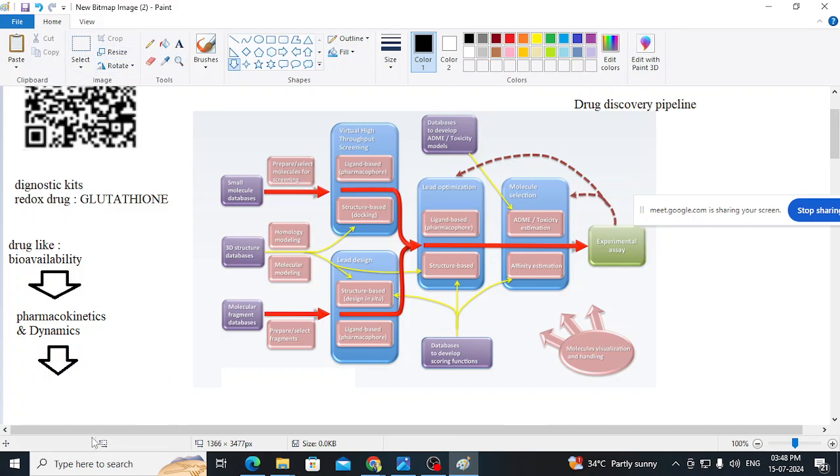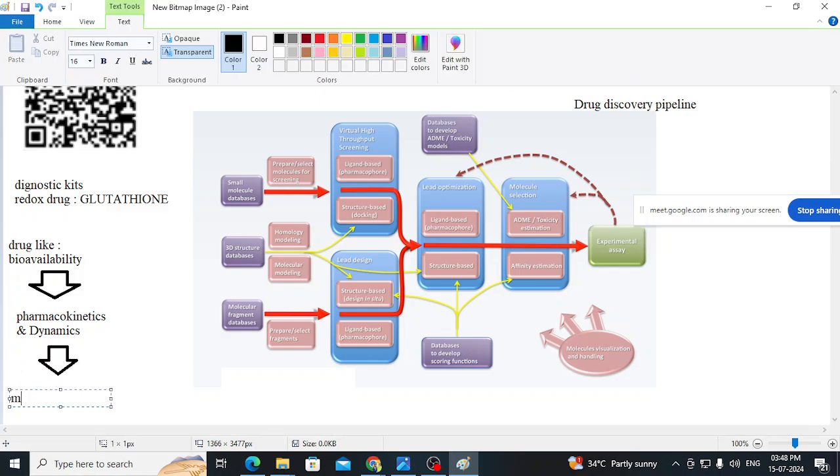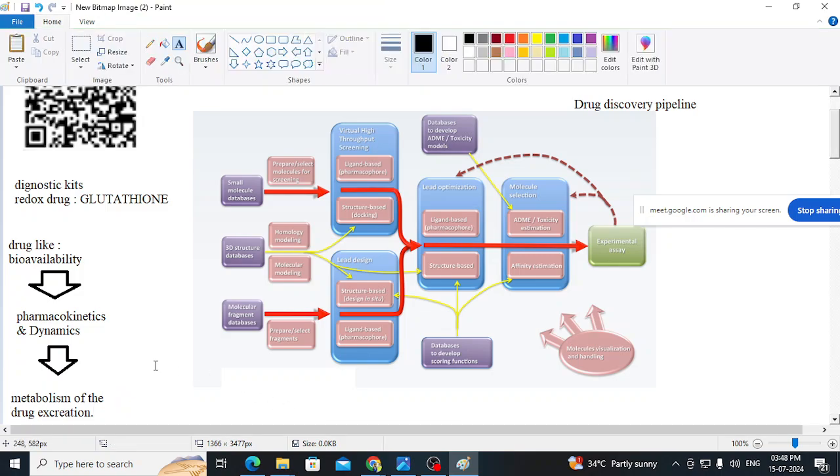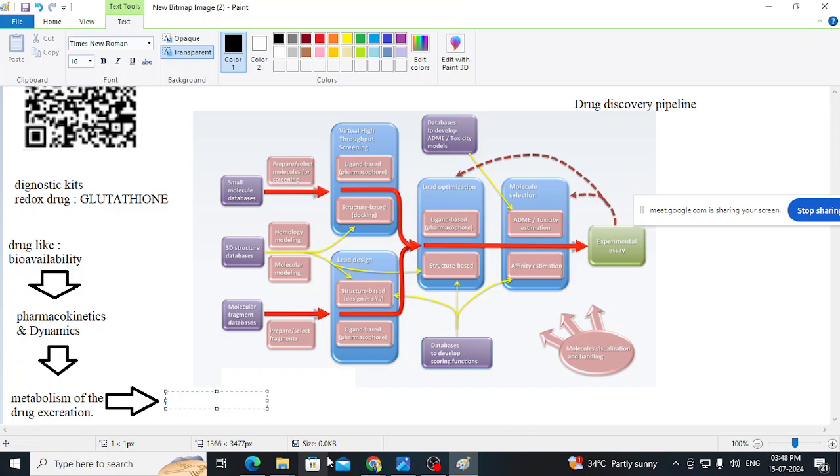We will come to know these two things after these studies: the metabolism of the drug as well as its excretion. Why is excretion important? Because it will give you an idea of the dosage form. If it excretes rapidly, then the dosage should be very substantial.